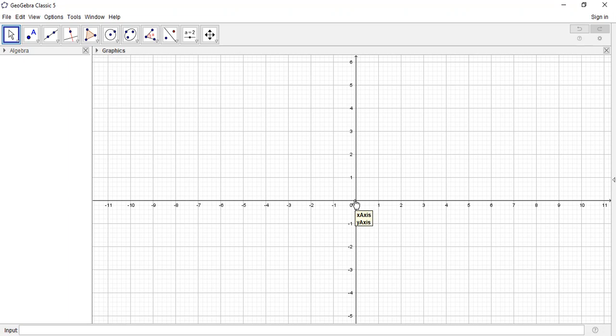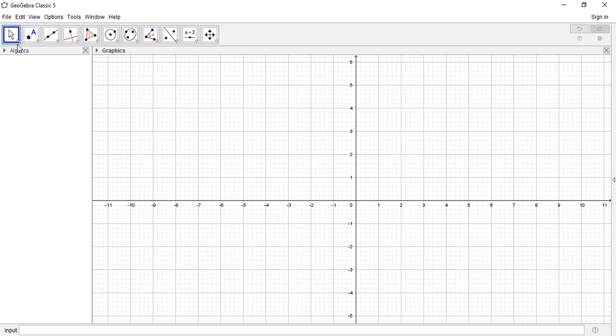Okay, and now today I am going to show you here what are the similarities of the coordinates which lie on the x-axis. Okay, now I am going to show here, first of all, one coordinate.